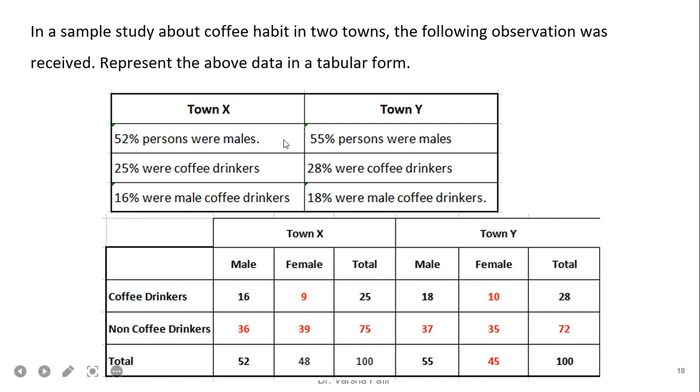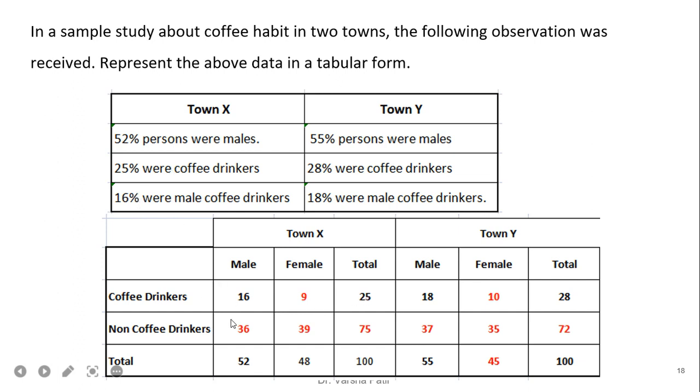I will explain for town X and the same will be repeated for town Y. Whatever is indicated in red color are the calculated fields, and whatever is in black is already given as information. So I have put the total 100 here. Now 52% were males, so the male total is 52. 25% were coffee drinkers, so 25.